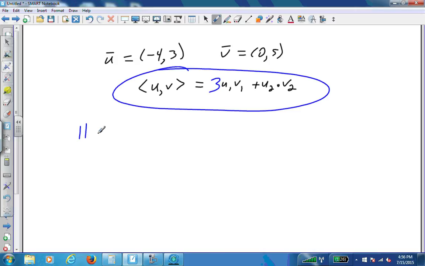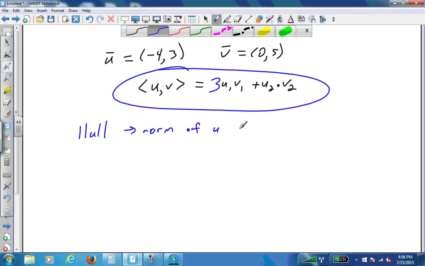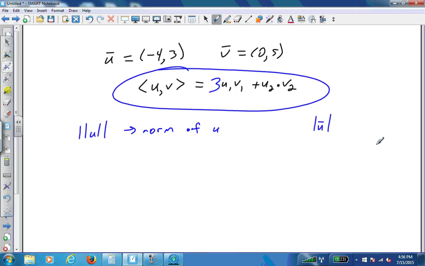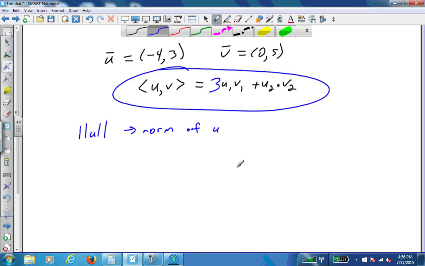So we want to find a few things. We want to find the length of u, or that's called the norm. And remember, just in standard vectors, sometimes you would see it written like that. This book uses a double bar on each side to represent the length.